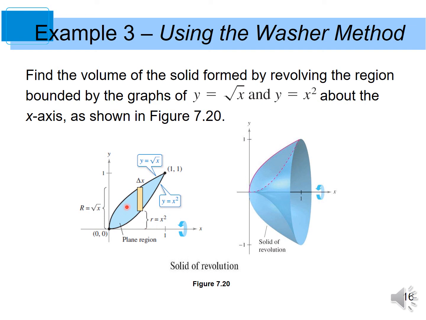Right? So meaning that the big R is the radical function and the small r is the quadratic function. And if this plane region is rotated about this axis, so this solid of revolution will be formed.